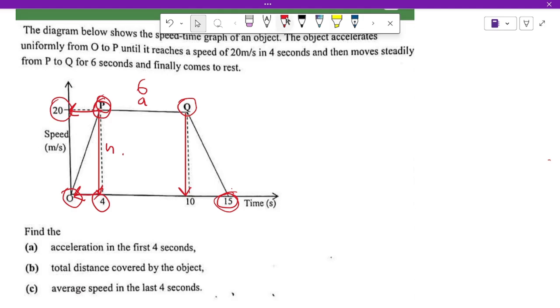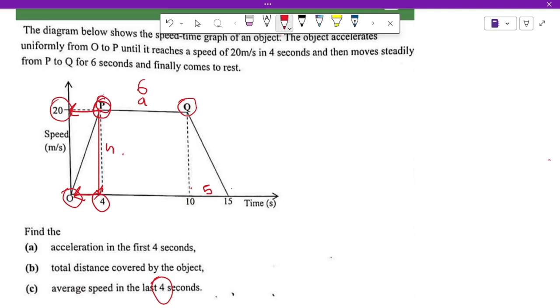Now this is a tricky question. Tricky but doable, this one. In the last 4 seconds. So now if you notice, from here to here, how much time passed? From this point to that point, you simply say 15 minus 10, giving you 5.